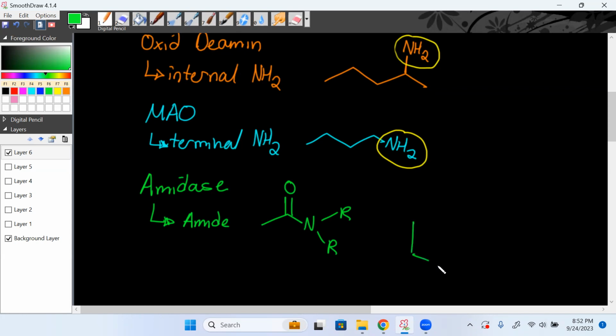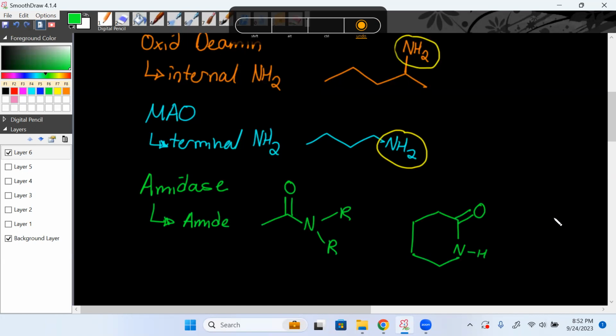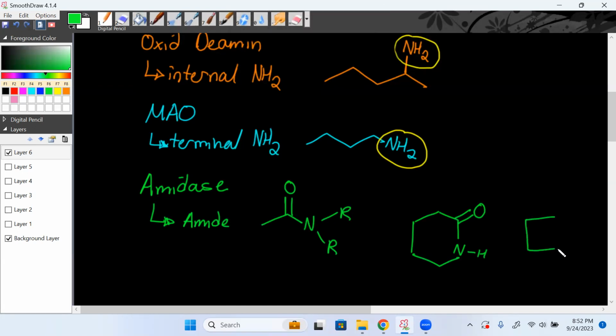You can also have an amide that is inside of a ring. If you remember from way back from Orgo, we actually talked about these. Does anybody remember the name of these? I definitely know my Orgo students, I taught these to you.